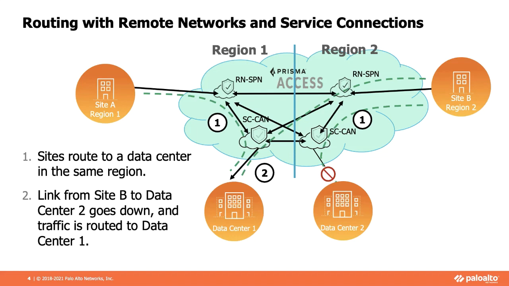The idea is if you have multiple corporate access nodes, multiple service connections down those SC CANs, remote users in a branch office are going to connect down the closest available corporate access node, down that service connection, to reach whatever service they might need in a data center.